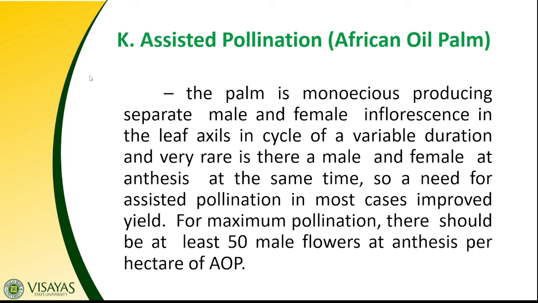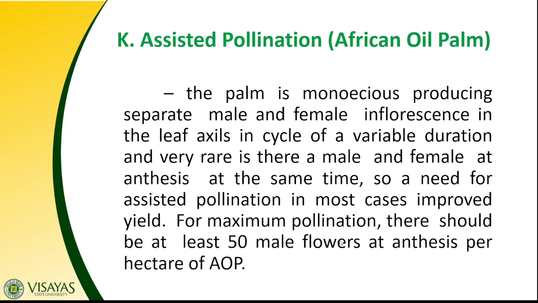The African oil palm is monoecious, producing separate male and female inflorescences in the leaf axils in cycles of variable duration, and very rarely are male and female at anthesis at the same time. Therefore, there is a need for assisted pollination in most cases to improve yield.